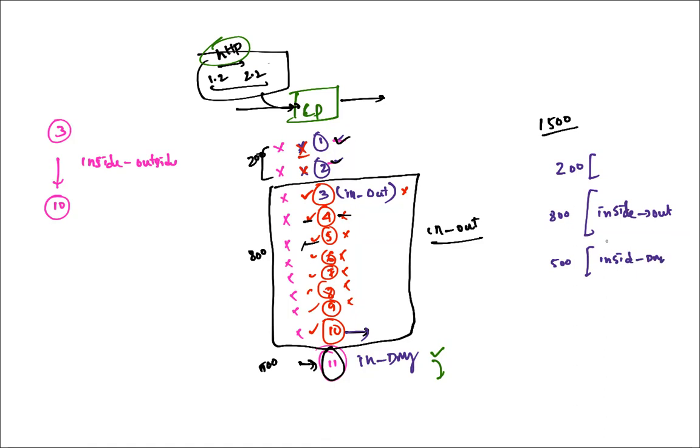Now if you send a packet from 1.2 to 2.2, the 200 lines have to be checked first, and if there is no match, again the 800 lines have to be checked, and there is no match. Then after crossing 1,000 lines only, you find some rules in this 500 rules, and you forward the packet from inside to DMZ.